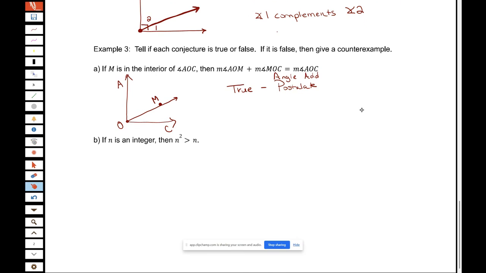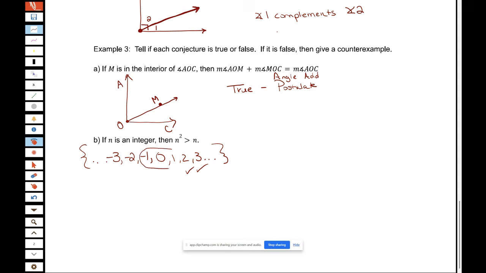Okay, next. If n is an integer, so integers are -3, -2, -1, 0, 1, 2, 3, and so on both ways. If n is an integer, then n squared is bigger than n. Well, that's true for most of the integers, like 2 squared is bigger than 2 because it's 4. 3 squared is 9, which is bigger than 3.